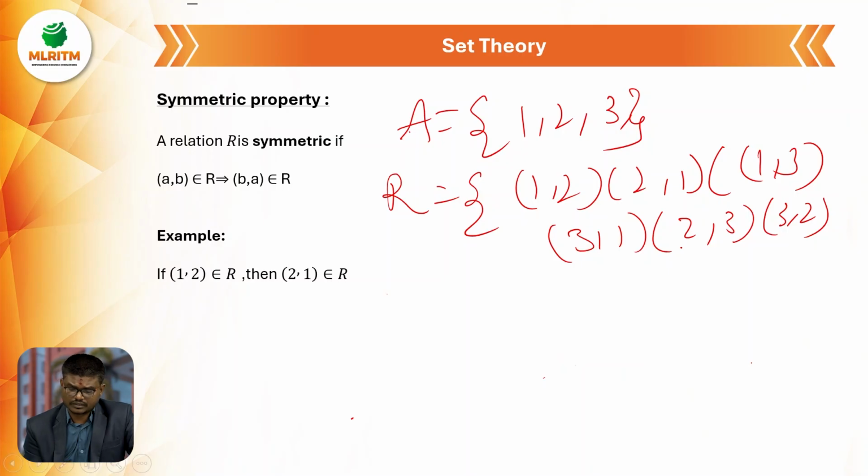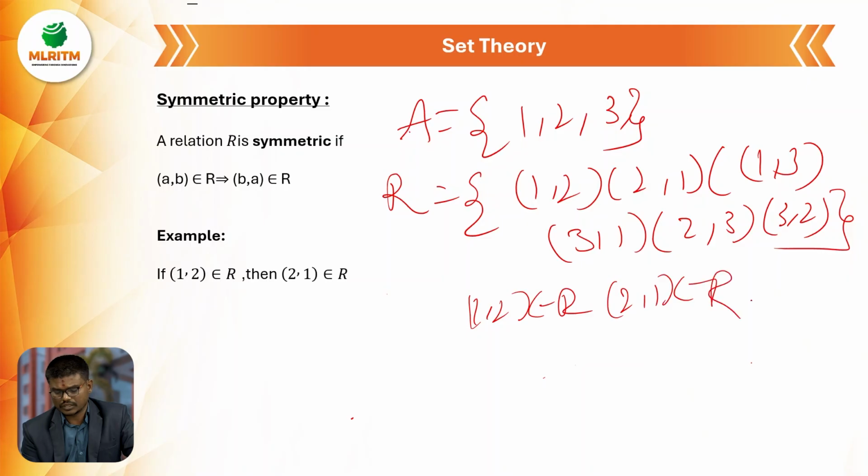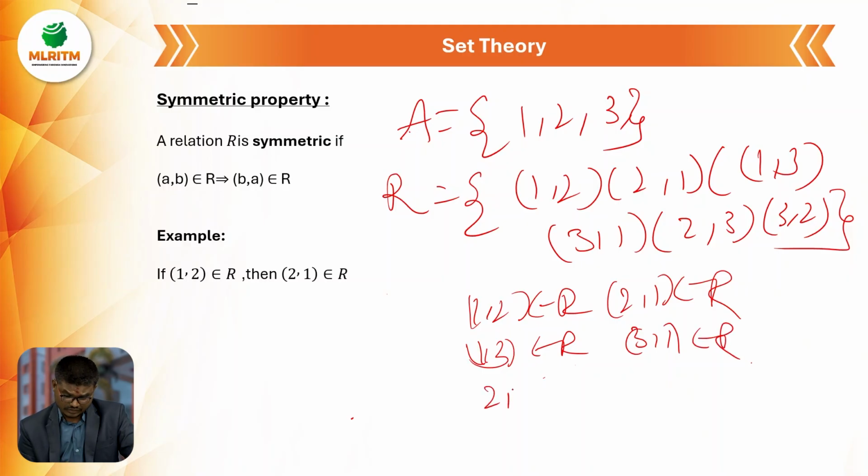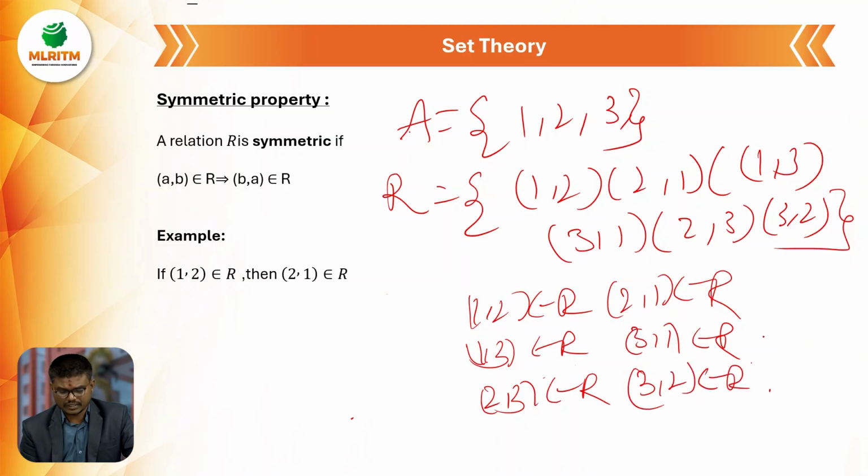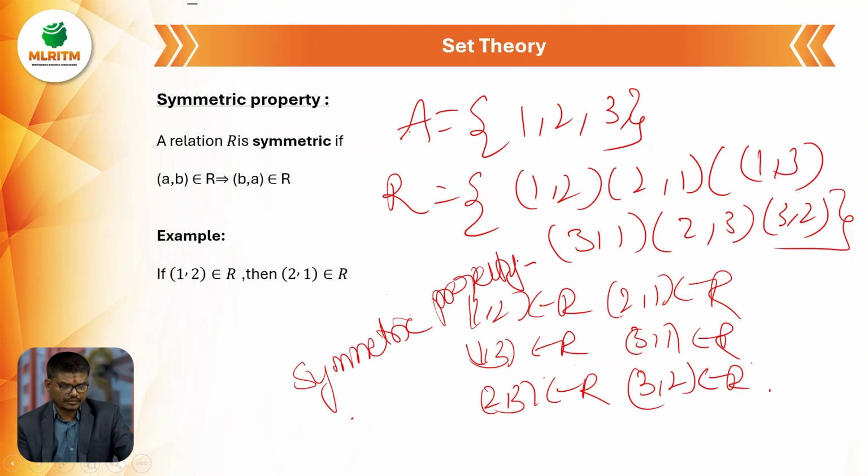So here 1 comma 2 belongs to R, then 2 comma 1 belongs to R, and 1 comma 3 belongs to R and 3 comma 1 belongs to R, and 2 comma 3 belongs to R, 3 comma 2 belongs to R. So it is satisfying the symmetric property. This is the example for the symmetric property.